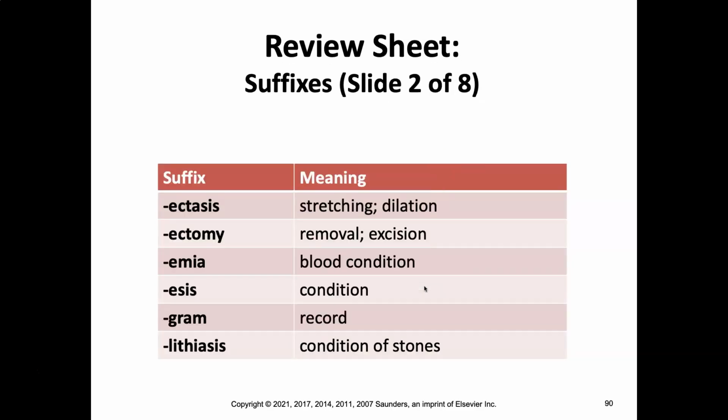And then we have some suffixes: ectasis, ectomy, emia, esis, gram, lithiasis. Lith, for whatever reason, is stone. So if you can remember that L-I-T-H, lith, means stone, that will help you out quite a bit.